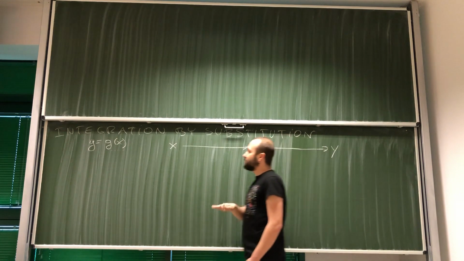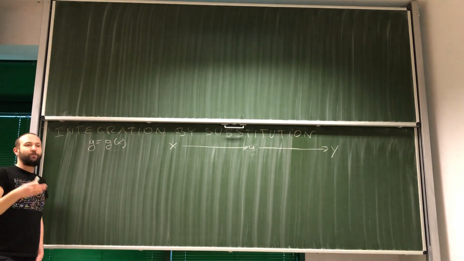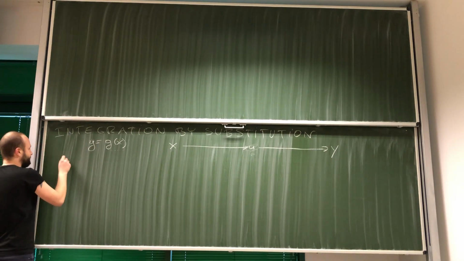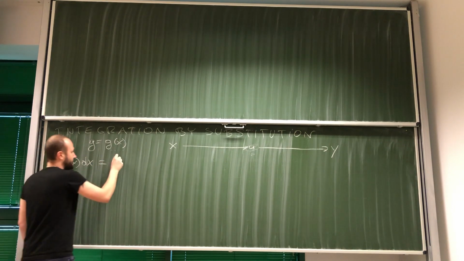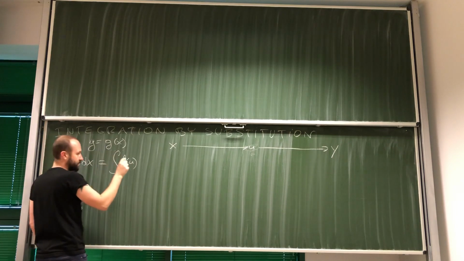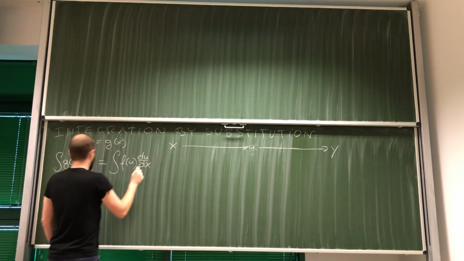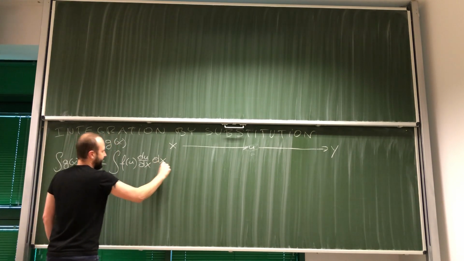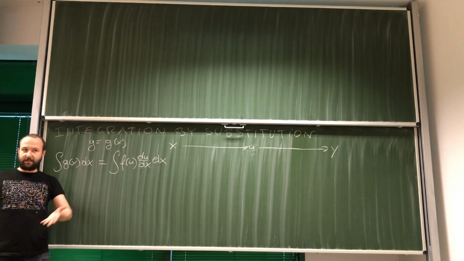Very often this comes extremely handy, because if it happens to be that we can express the integral of some g of x dx as some function of u multiplied by derivative du dx, of course dx at the end, look what is happening over here. Those two dx's are cancelling each other out.